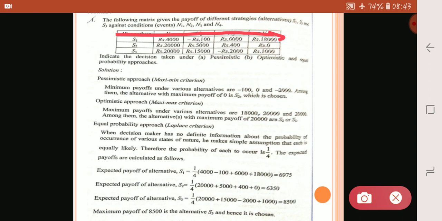First, from S1 the minimum value is minus 100. From S2 the minimum value is 0. And from S3 the minimum value is minus 2000. From these 3 minimum values we have to select the maximum value, which is 0.